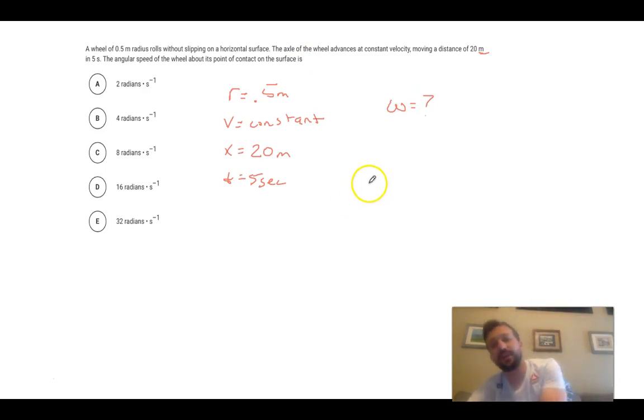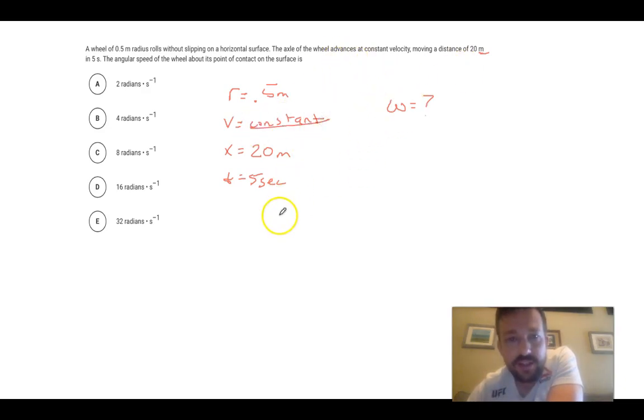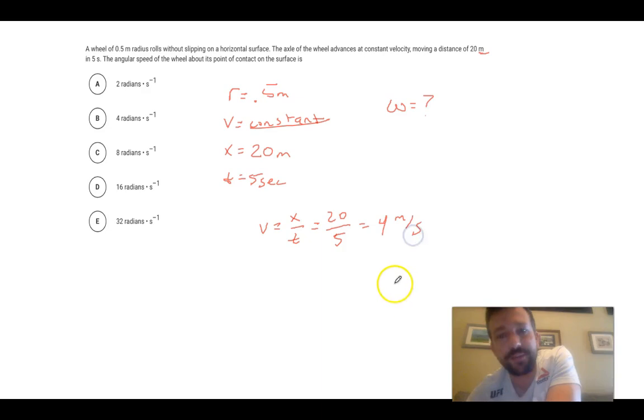Well, first, how about I find the linear velocity, which, since it's constant velocity, is just x divided by t, distance divided by time, which is 20 divided by 5, which is 4, right? 4 meters per second.